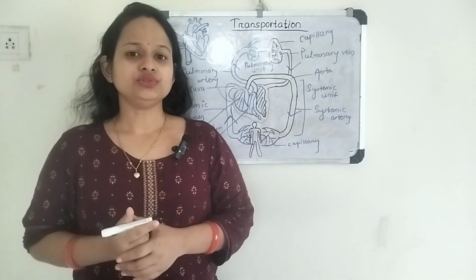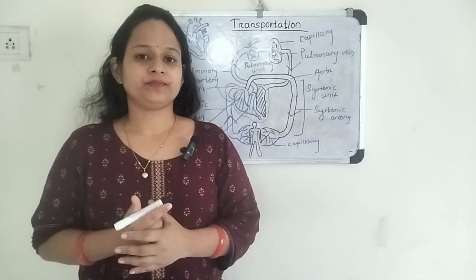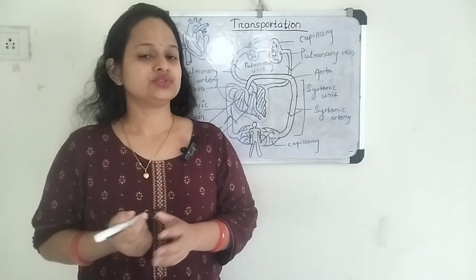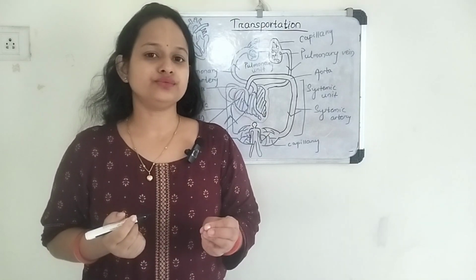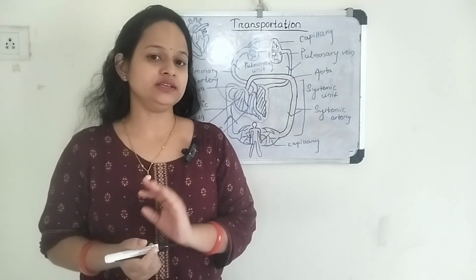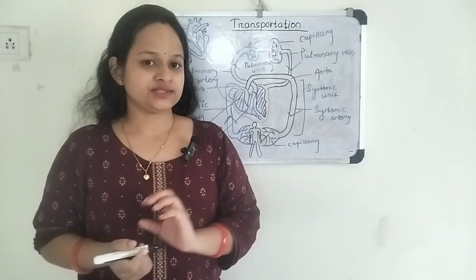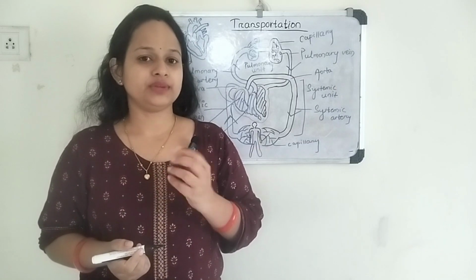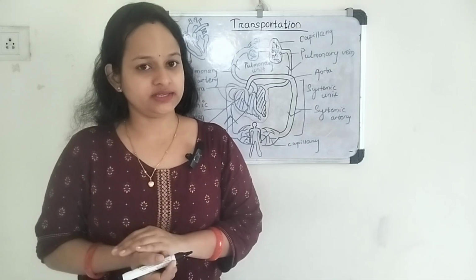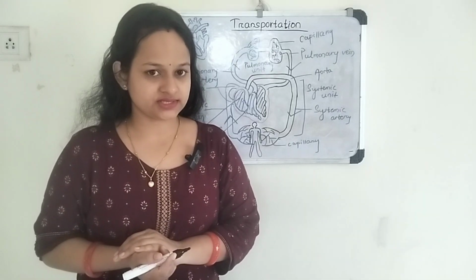So then come to blood pressure. What is blood pressure? Due to the flowing of blood through the artery at a very high pressure, it creates a pressure on the wall of the artery, and this is known as blood pressure.